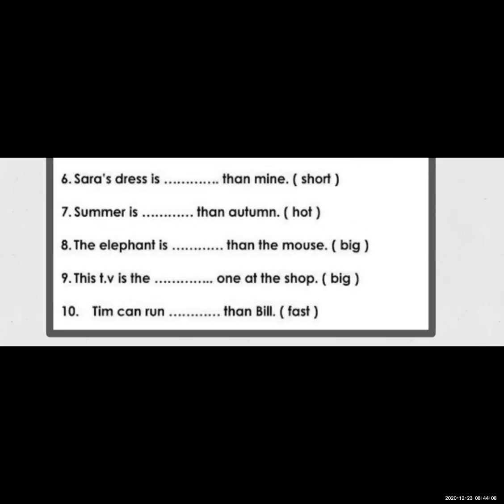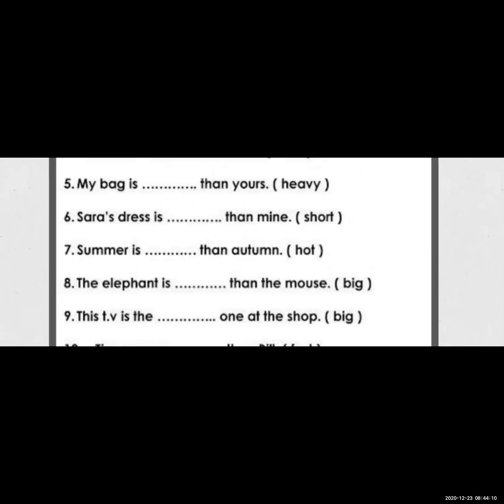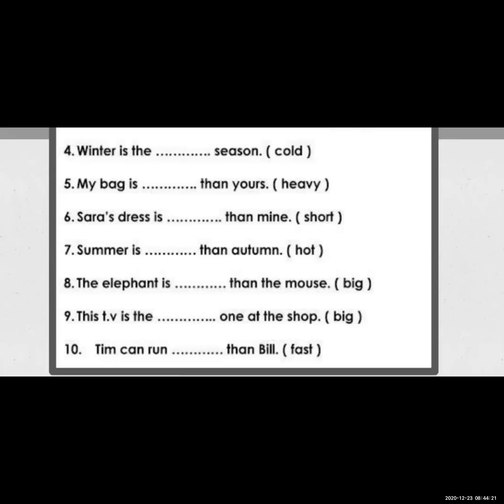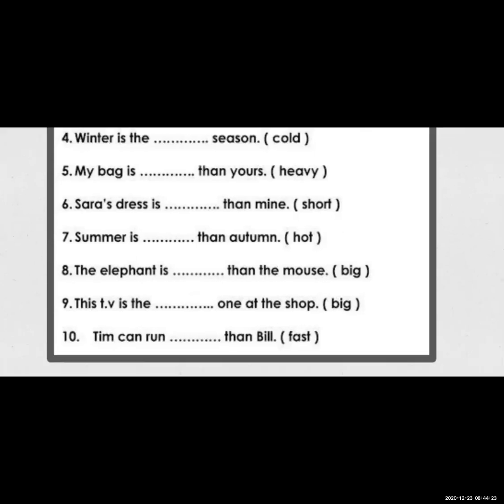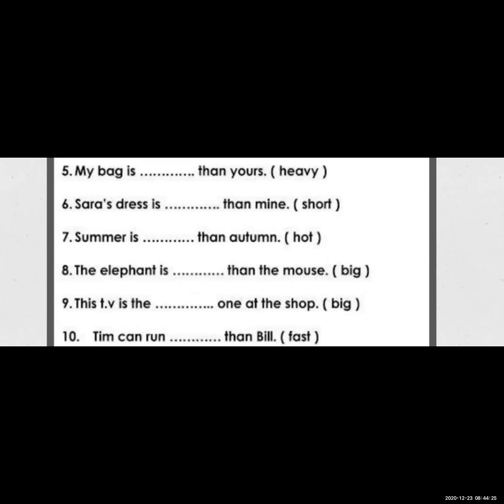So in the seventh sentence, summer is hotter than autumn. These are seasons: summer, autumn, spring. There are many seasons, right? So summer is hotter than autumn.